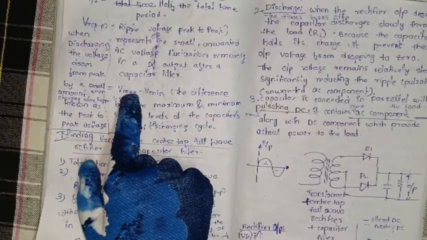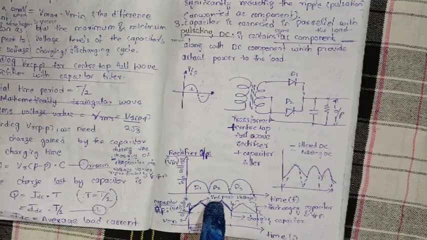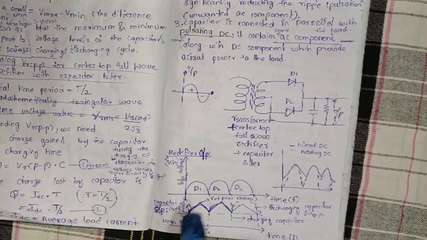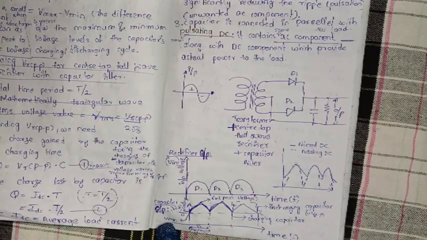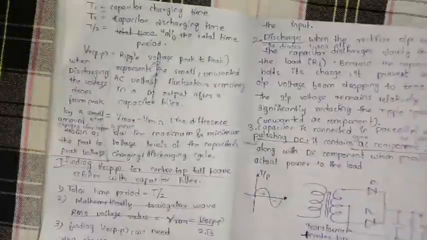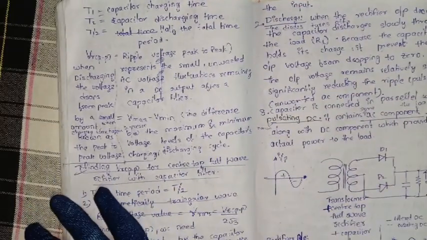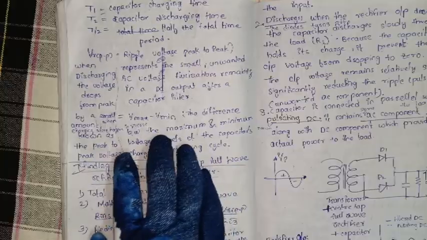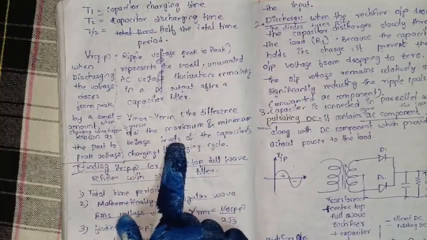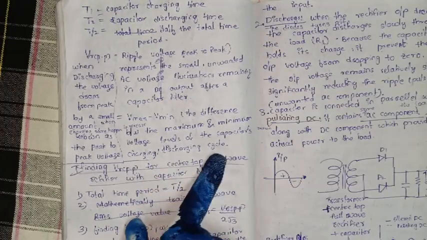Its formula is V maximum minus V minimum. Here is V maximum, VM means peak voltage, and here is the minimum voltage. Then the difference between the maximum and minimum voltage levels of the capacitor charging or discharging cycle.